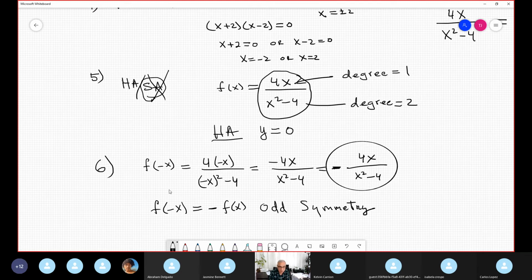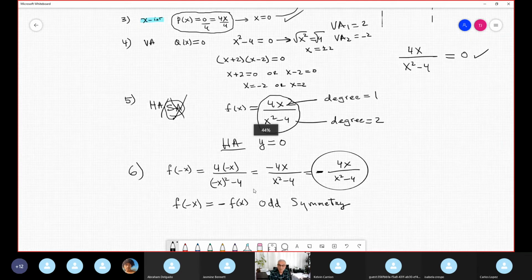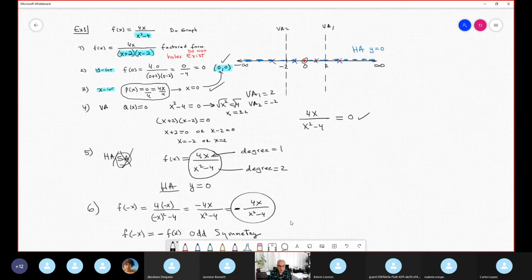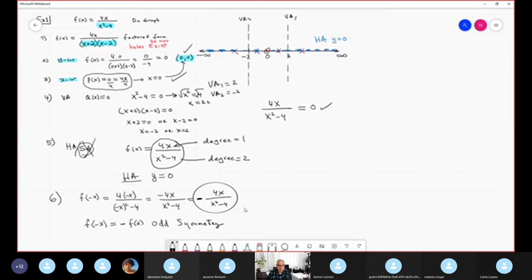Okay, now, to finish that, in step number 7, the additional point, I select in my paper 1 here, look, 1. Okay, 1 is okay here.